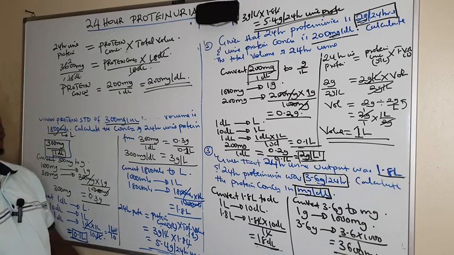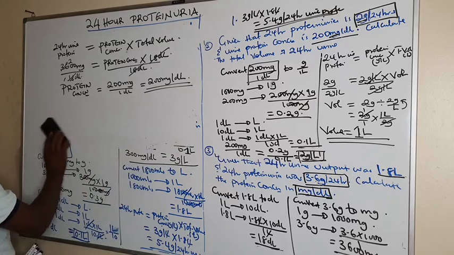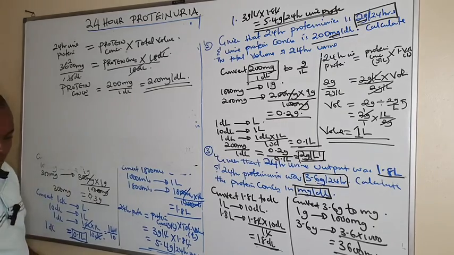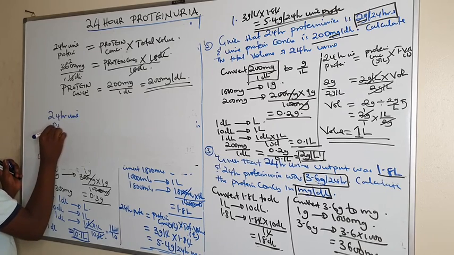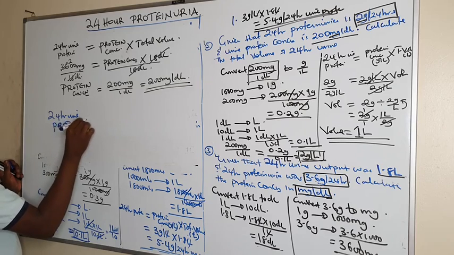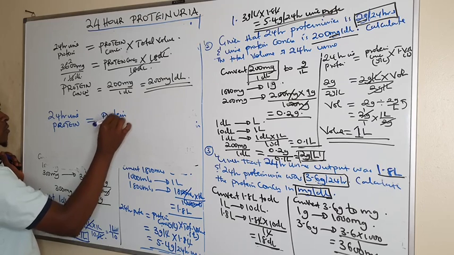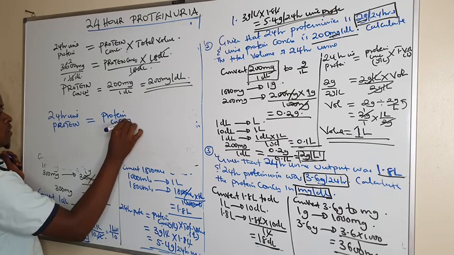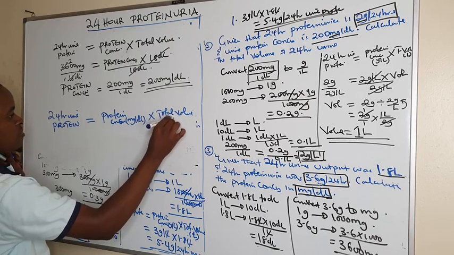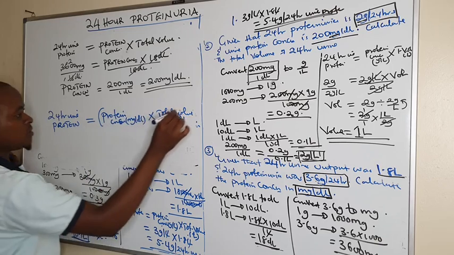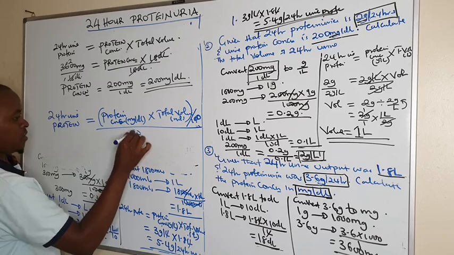And for those who don't want to go through all this, there is still a shortcut formula we can employ, which is always given like this: 24-hour urine protein is equal to protein concentration, if it is in milligrams per deciliter, times total volume of 24-hour urine in mils, divided by 100, then over 1,000.